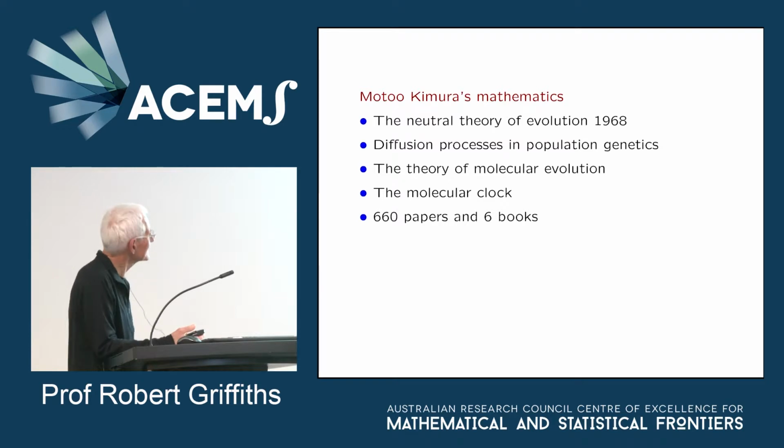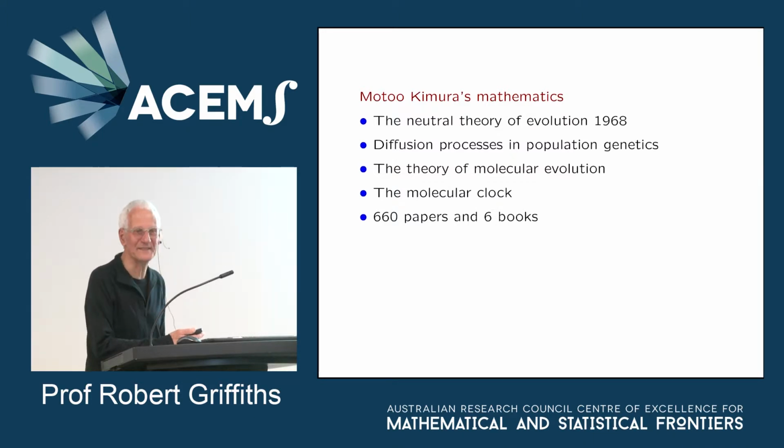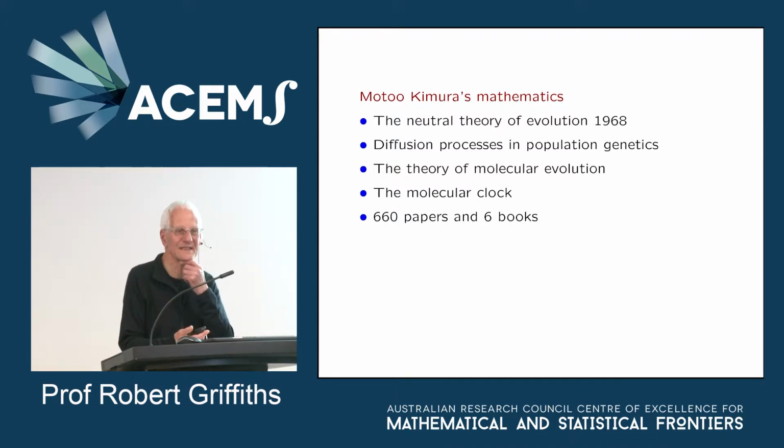His mathematics: the neutral theory of evolution in 1968, diffusion processes in population genetics. He worked a lot on that. In fact, he did an amazing amount of mathematical development in diffusion processes. And about the time Kimura was doing diffusion processes in Japan, they were also being developed in the United States.